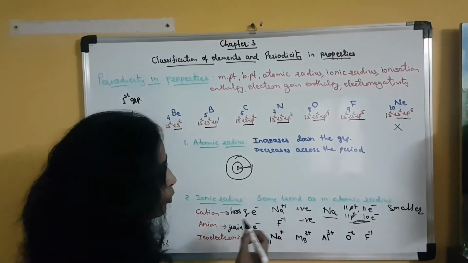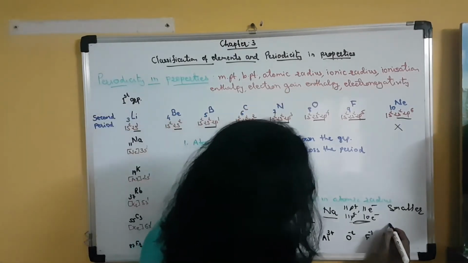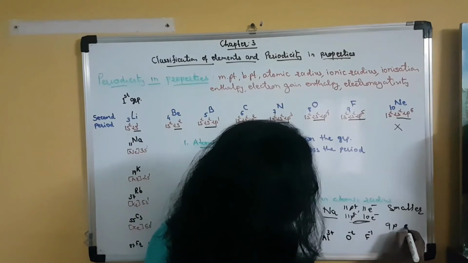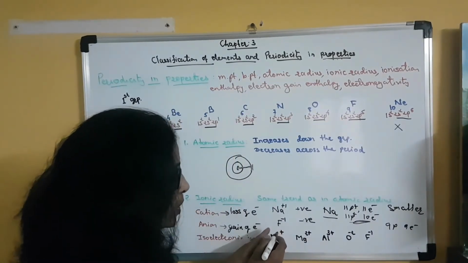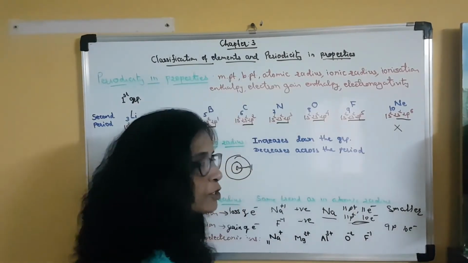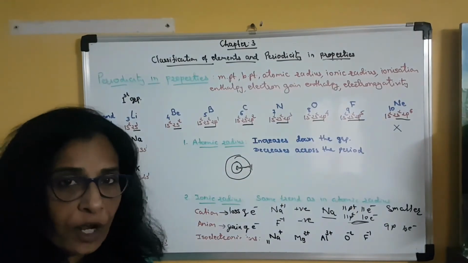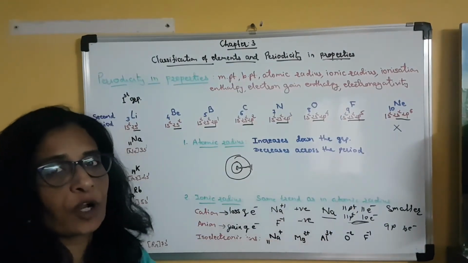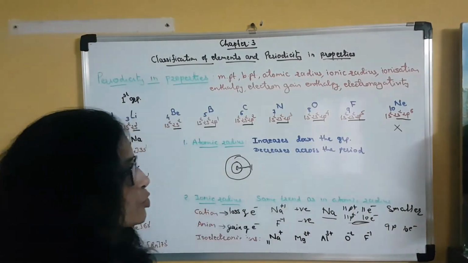Then comes anion. For example, fluorine. Fluorine has 9 protons and 9 electrons. But when the fluoride ion F minus is formed, 1 electron is added, which means now 10 electrons and 9 protons. So now the number of electrons outweighs the number of protons. So there will be repulsion among the electrons.